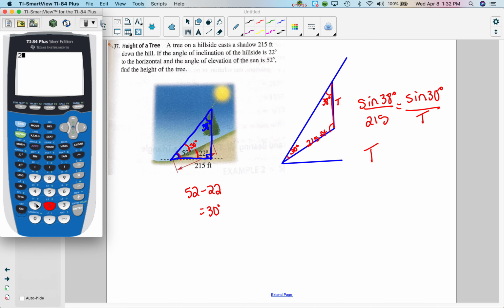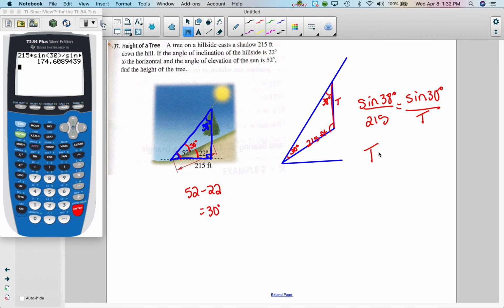So we're going to have 215 times sine 30 divided by sine 38. And I get that the tree is about 174.6 feet tall. That's a big tree. Okay.